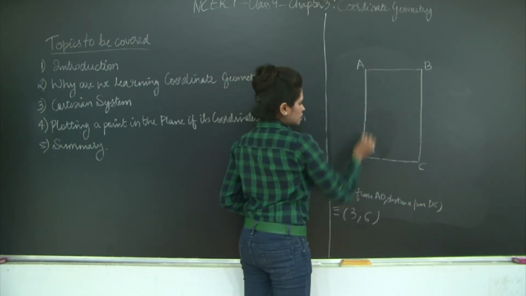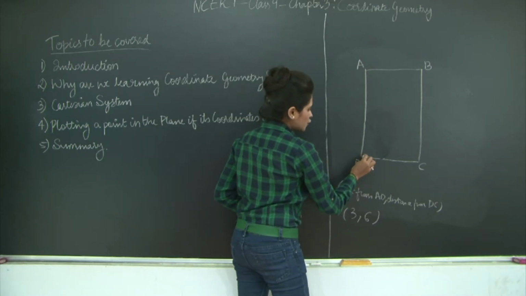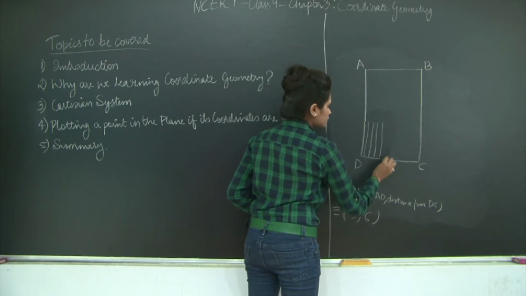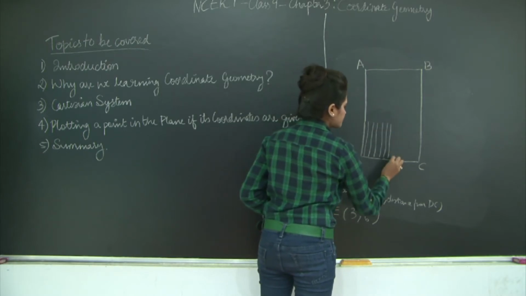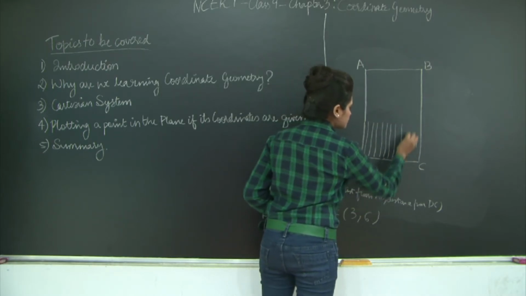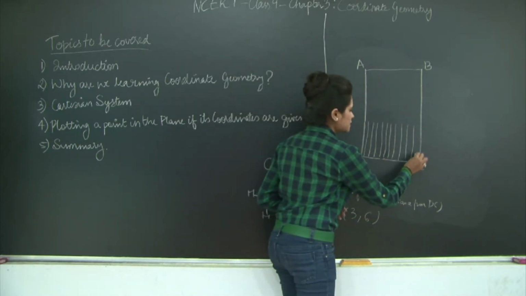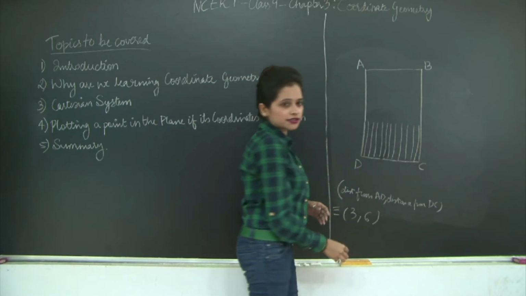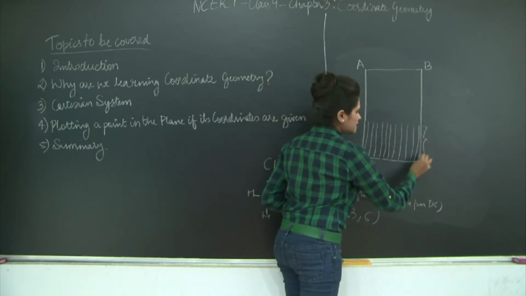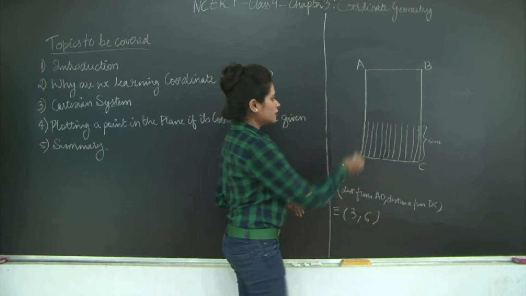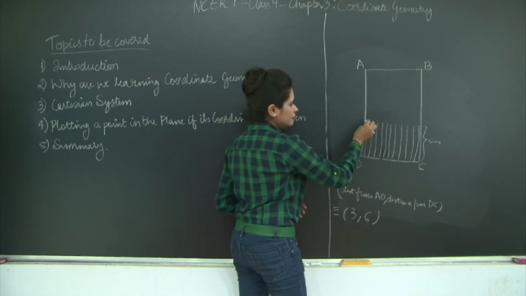You will first draw lines like this of 6 centimeters from DC, right? So once you have drawn these lines, these are all 6 centimeters. This entire length here is 6 centimeters. And then you will look for 3 centimeters from AD.